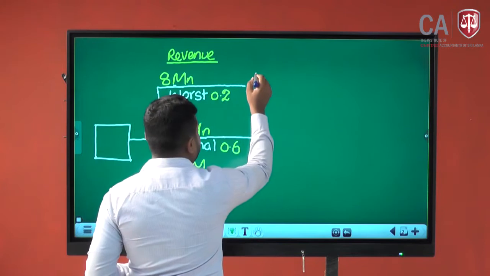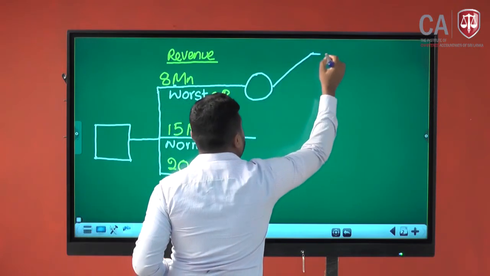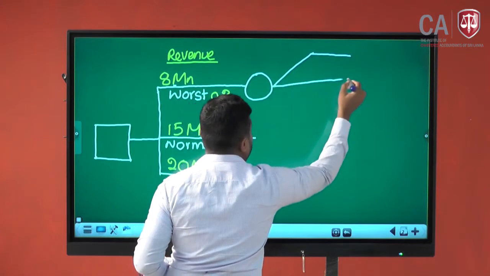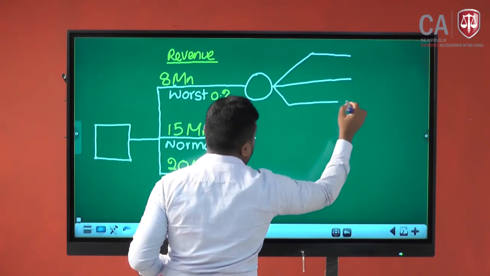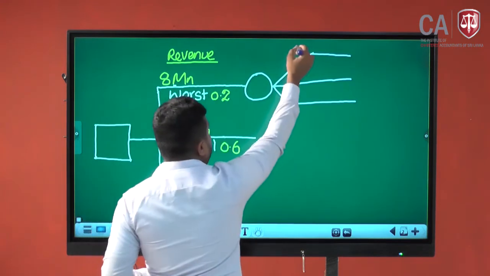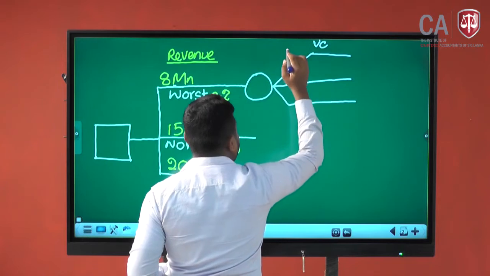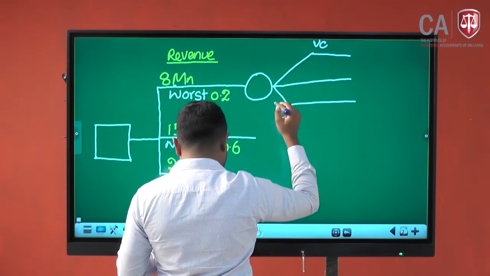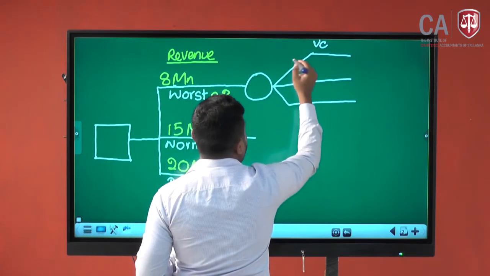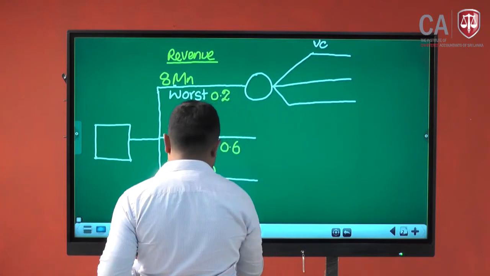Therefore, there are three options. These are the variable costs. It can be 65% variable cost.